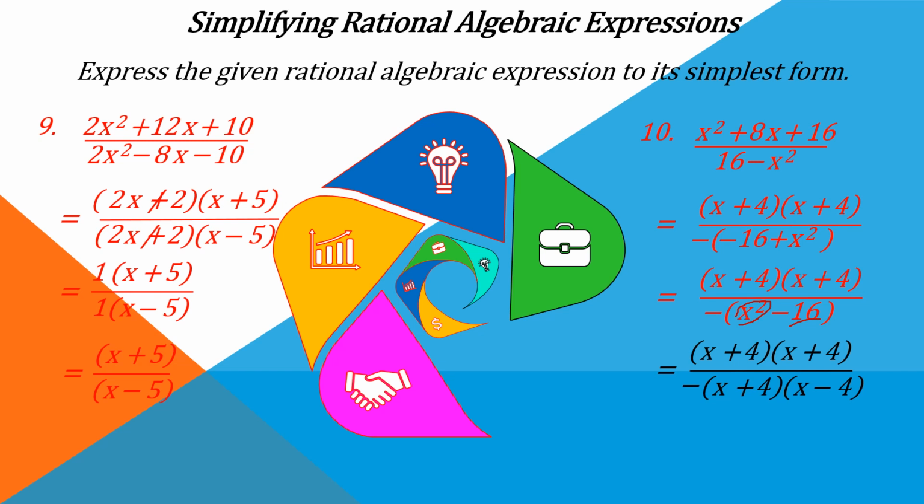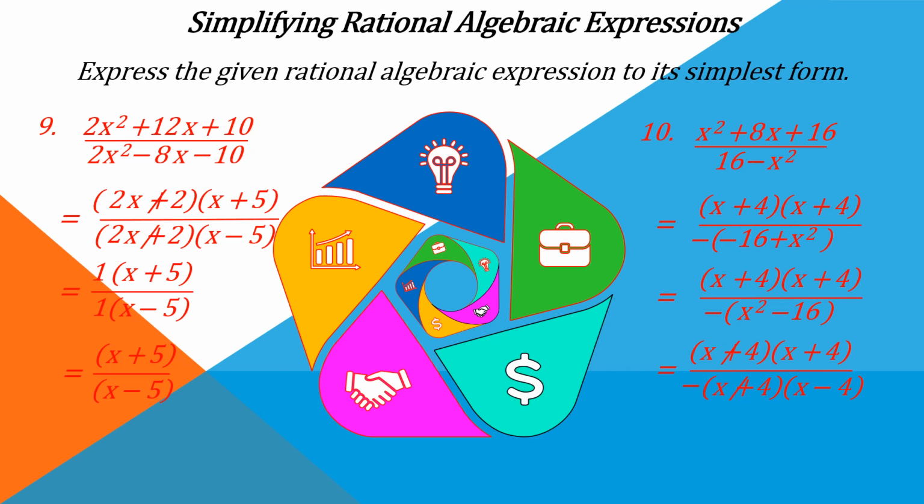We cancel out the common factor x plus 4 and substitute by 1 the one that we have cancelled.